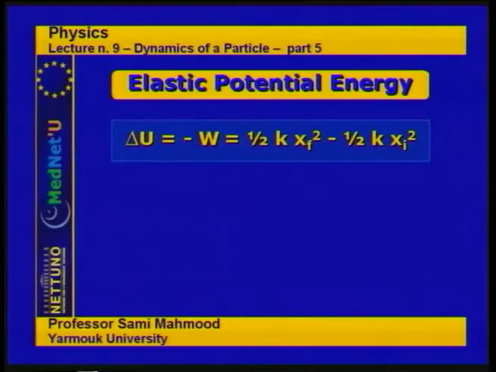And this is simply equal to 1/2 k x final square minus 1/2 k x initial square. That is again the change in potential energy as an object attached to the free end of a spring moves from an initial position to a final position.